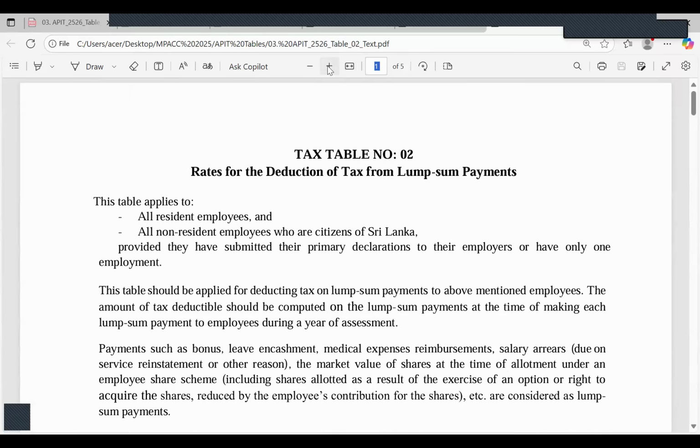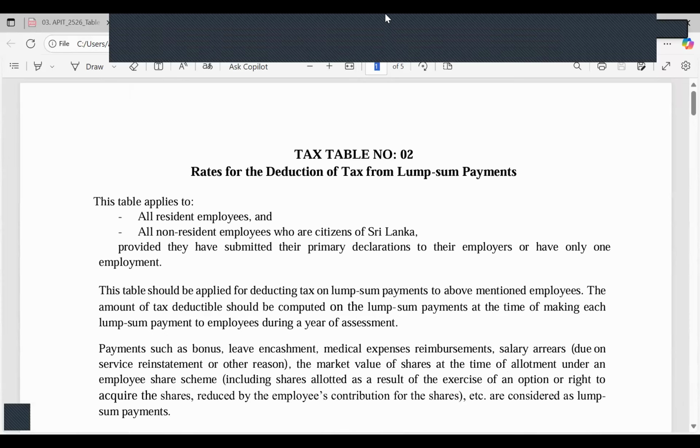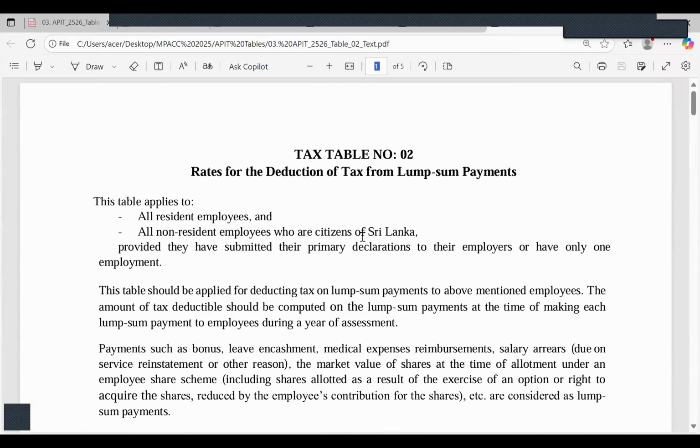Table 2 is for lump sum payment. What is the meaning of lump sum payment? Table 1 is for regular profit, and table 2 is for lump sum payment. This table is also applicable to all resident employees and all non-resident citizens.